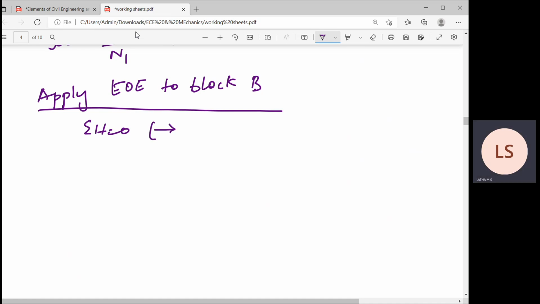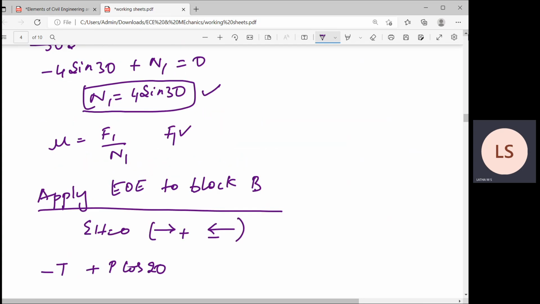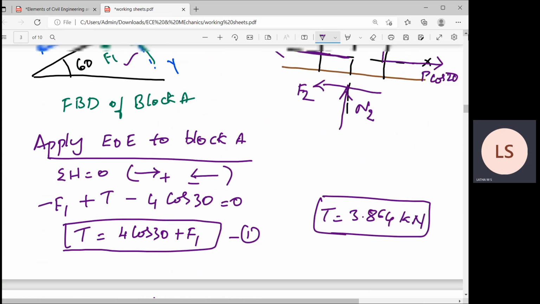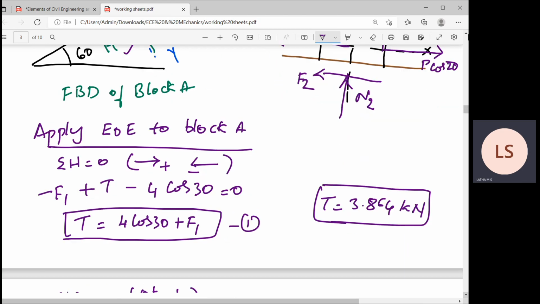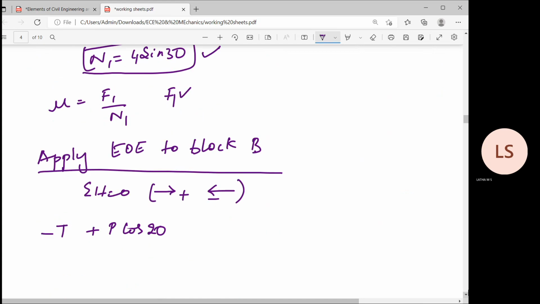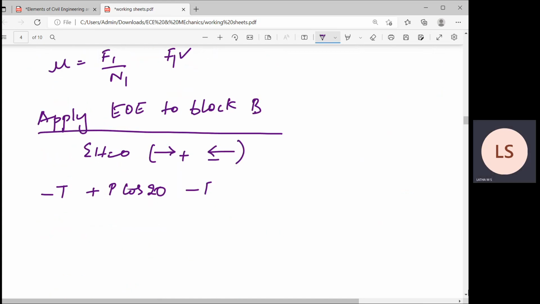All right moving forces positive, all left moving forces negative. Now I see minus T. Okay. Then plus P cos 20. Then what is the F2 direction? F2 is minus again. Minus F2 equals to 0.